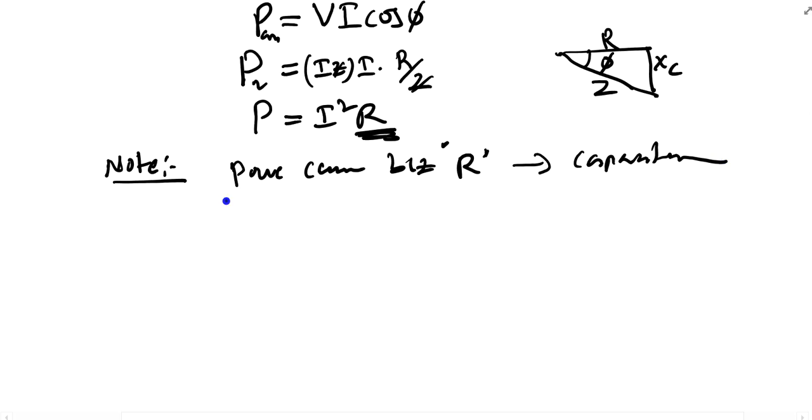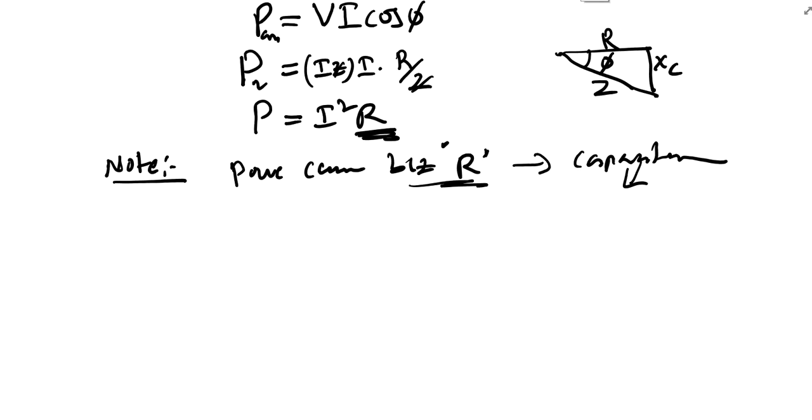So the capacitor does not consume any energy, but the resistor is going to consume the energy, or absorb the energy. And the equation is P is equal to I square R, or P is equal to VI cos phi.